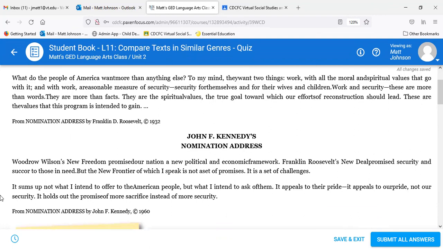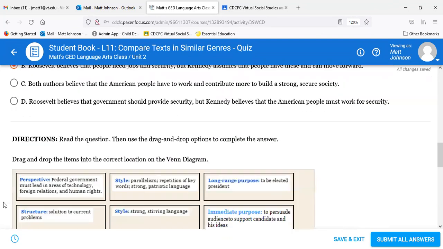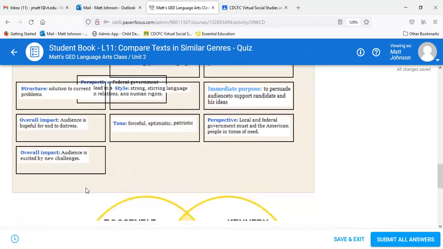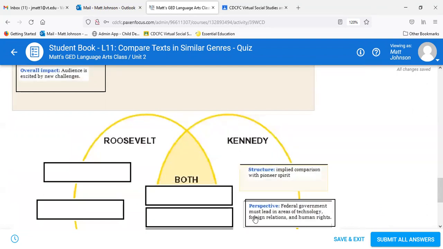His speech is real short, so you have to use some inferences here, but this goes along with what we know about Kennedy and the time frame: it's up to the United States to lead the world, particularly in these ideas.